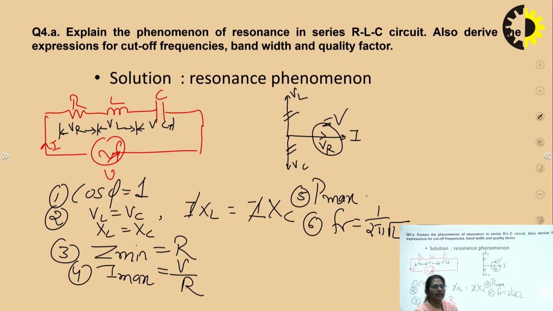Now we need to derive the expressions for the cutoff frequency, for the bandwidth, and for the quality factor. Starting with a normal RLC series circuit, how can I give the expression for the current?